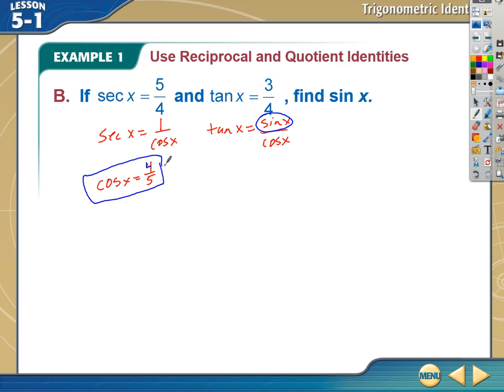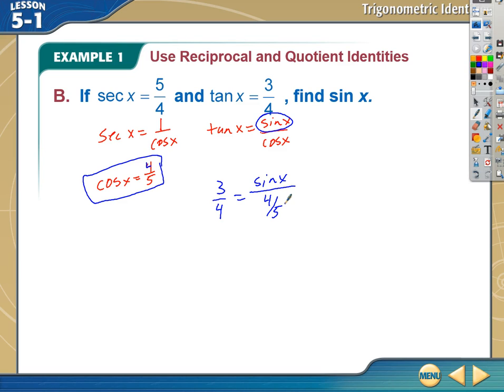So, if I know what tangent of x is, I know what cosine of x is, I can set an equation up here. I can say that, hey, 3/4 is equal to, well, sine x, that's what I want, all over 4/5. Oh.